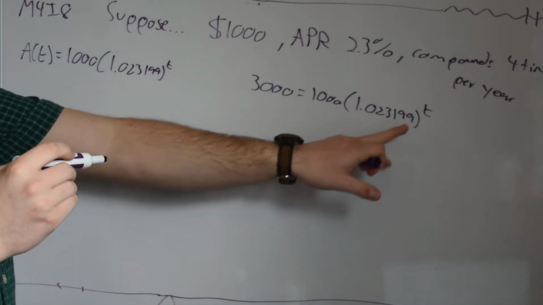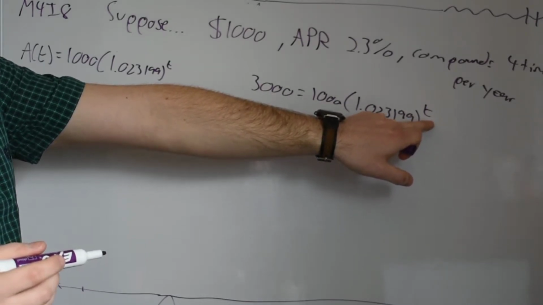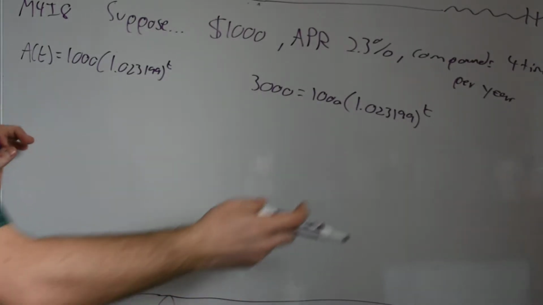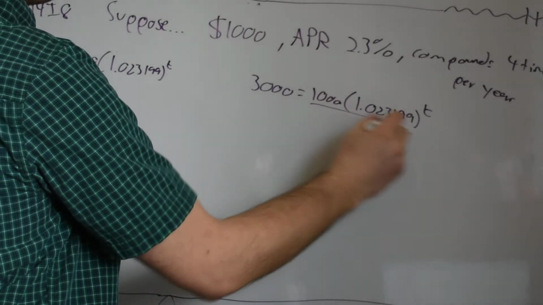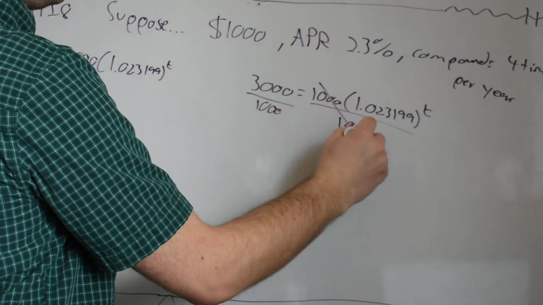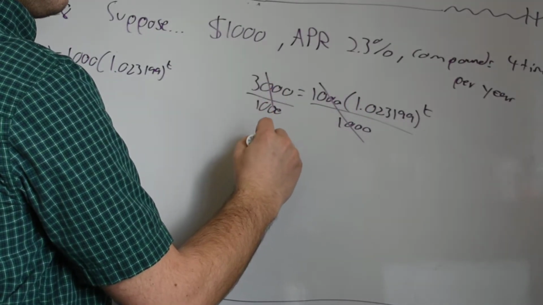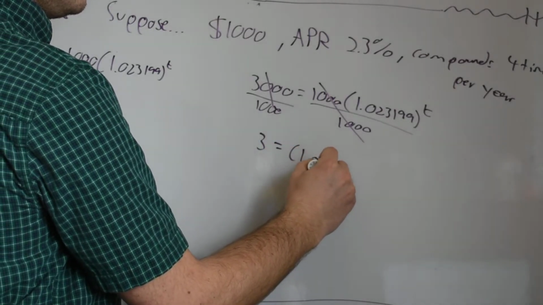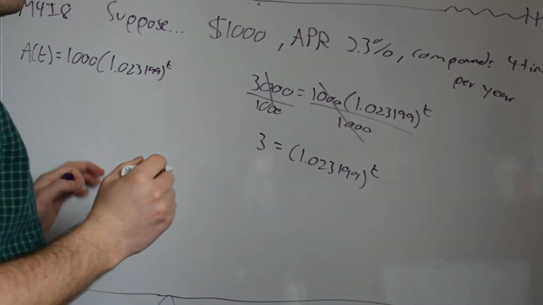And we're interested in finding out how long it's going to take for us to get this $3,000. So we start working to get t by itself. We can divide by 1,000 on both sides. Over here they cancel. Here this simplifies to 3. So 3 will equal 1.023199 to the t power.